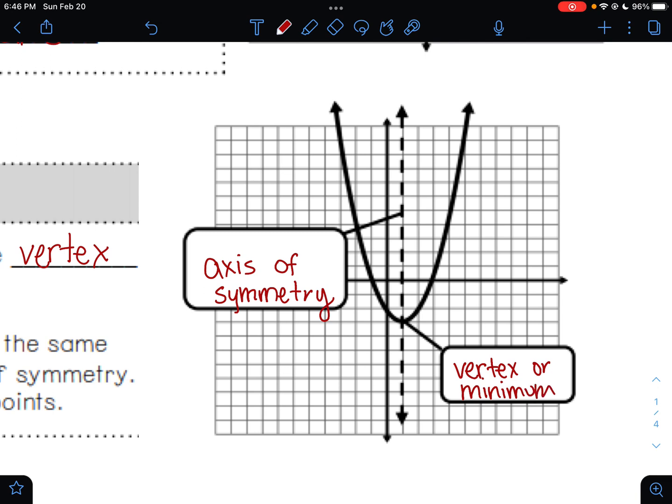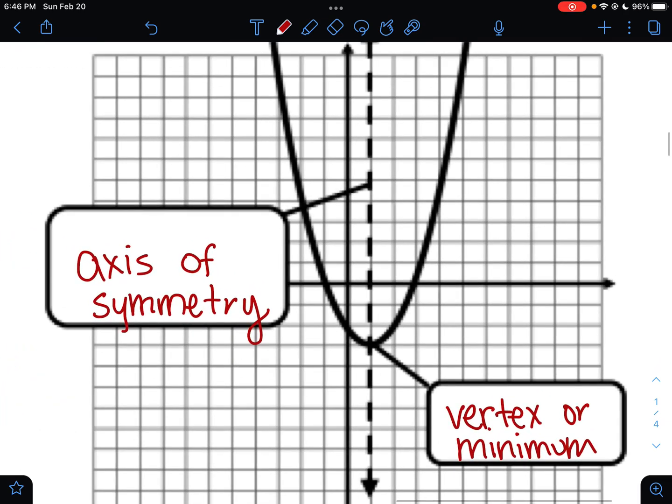Notice how the axis of symmetry goes through the vertex. If I have a point right here, it's 2 spaces away from the axis of symmetry. That means on the other side, 2 spaces away, I have another point, right there. So these two points are mirror images of each other.